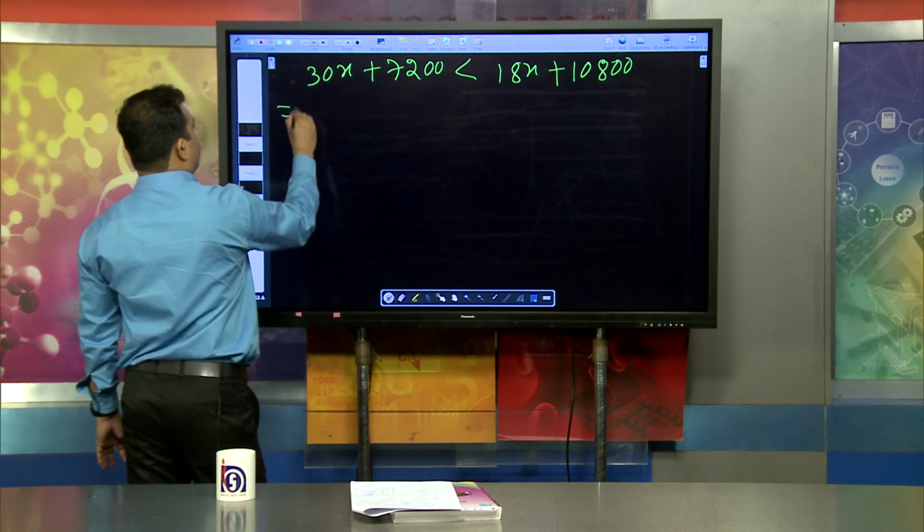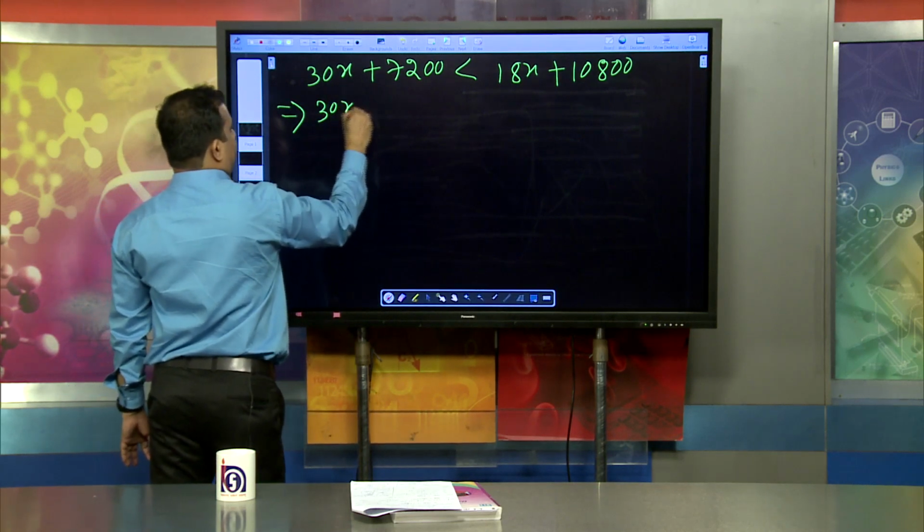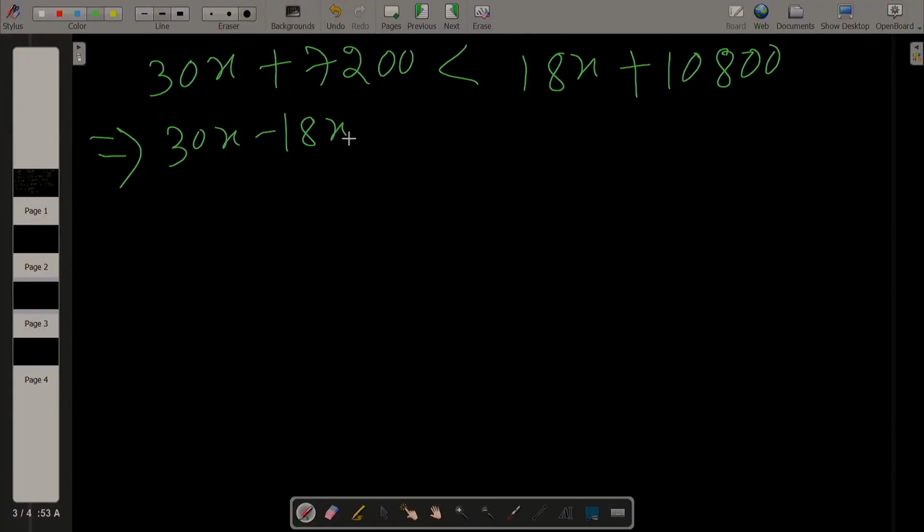Now what will we do? 30x minus 18x, because this 18x on the left hand side becomes negative, that means 30x minus 18x is less than or equal to 10,800 minus 7,200.